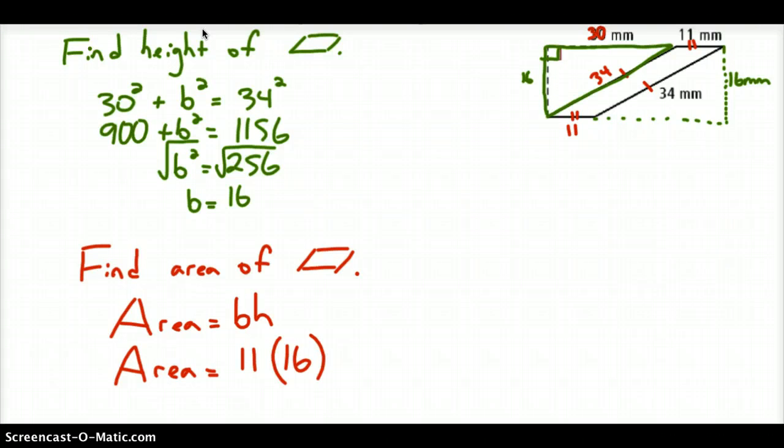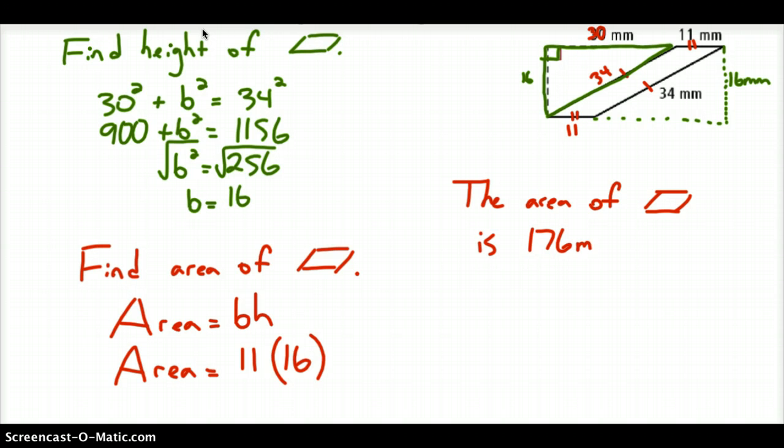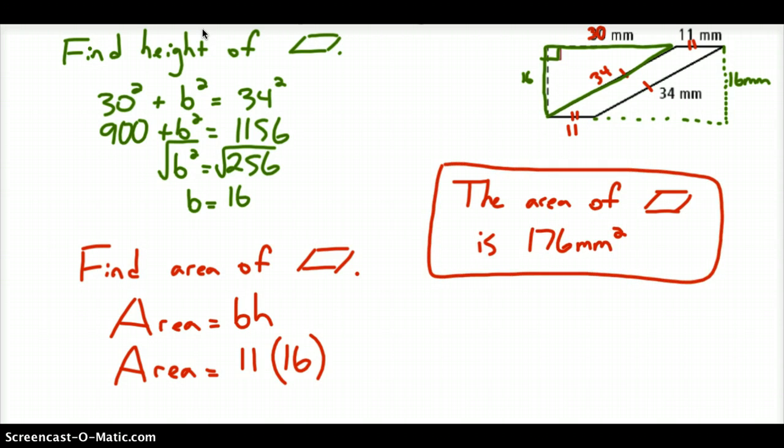I'm just going to take 11 times 16 in my calculator, and that gives me 176. So I'm going to say the area of the parallelogram is 176 square millimeters. So again, we're starting with hopefully a fairly simple problem. In the next video, we'll take a look at 3 more examples.